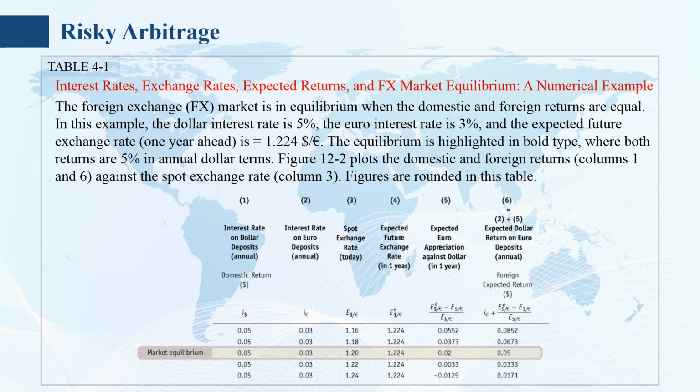The unique equilibrium is highlighted, where both domestic and expected foreign returns are 5% in annual dollar terms, and the spot rate is $1.2 per euro. Figures are rounded in the table.